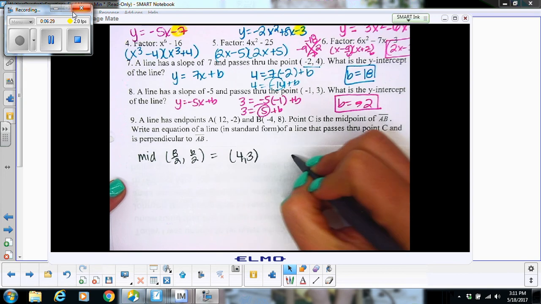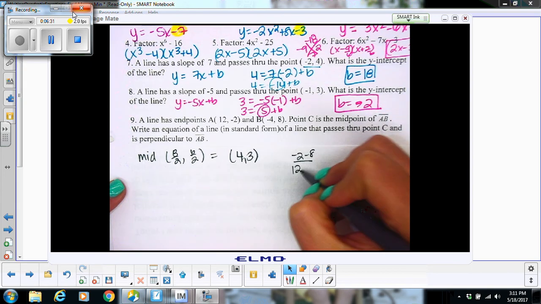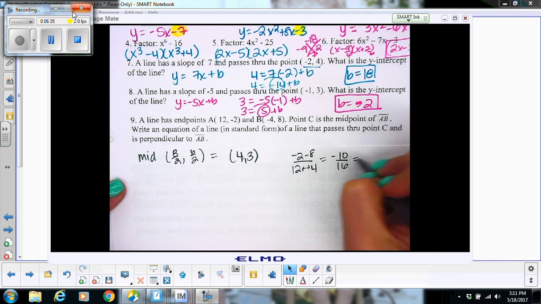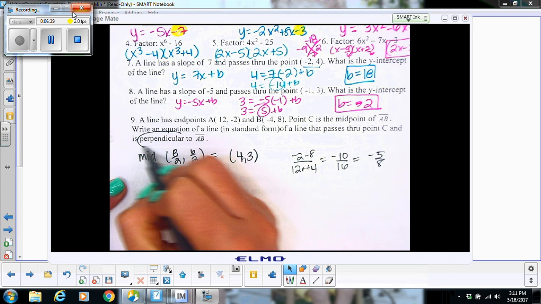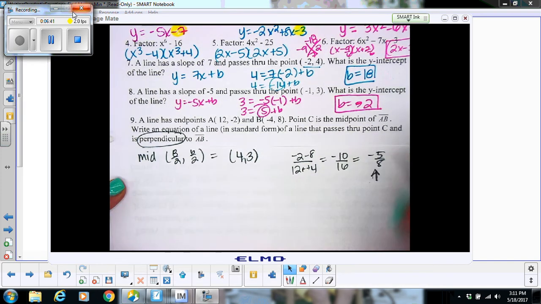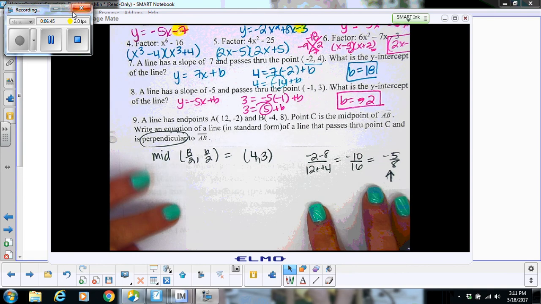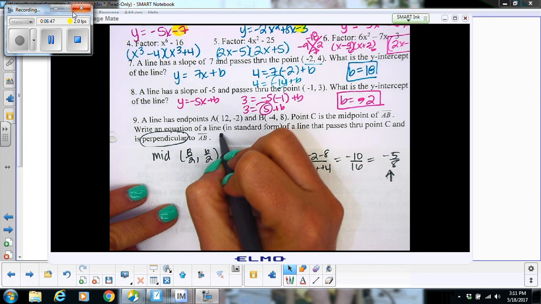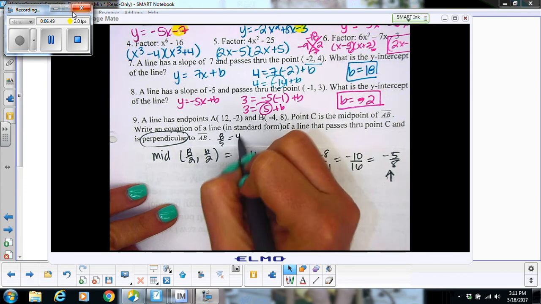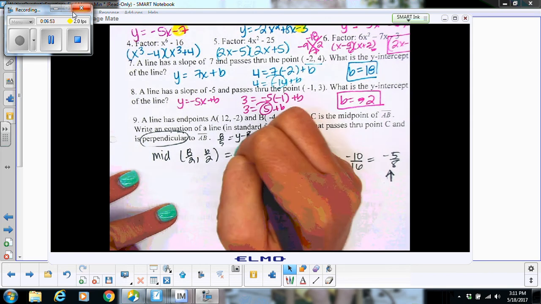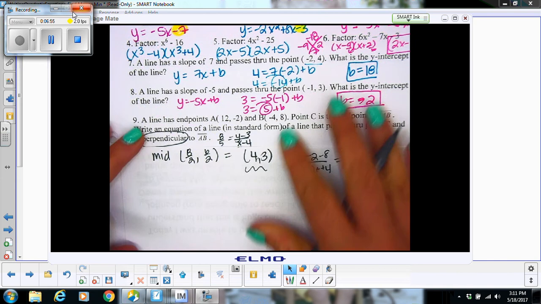Then I'm going to find the slope of those 2 points as well. So that's going to be -2 minus 8 over 12 minus -4, which gives me -10 over 16, which reduces to -5 over 8. Since it wants it perpendicular, we're going to flip this fraction. So that's going to become positive 8 over 5 equals y minus, and you're going to use your midpoint, y minus 3 over x minus 4.